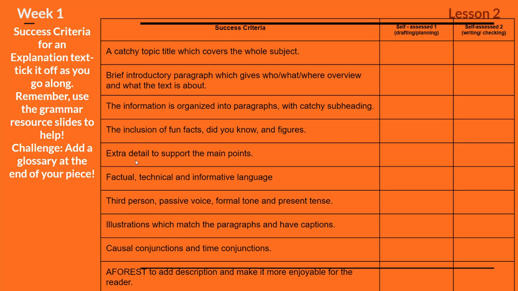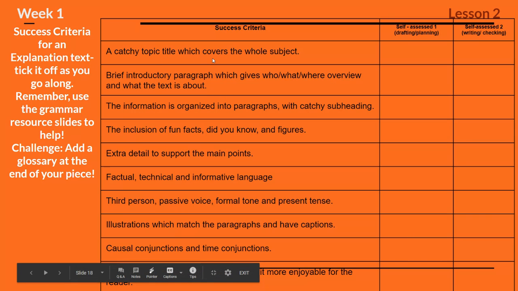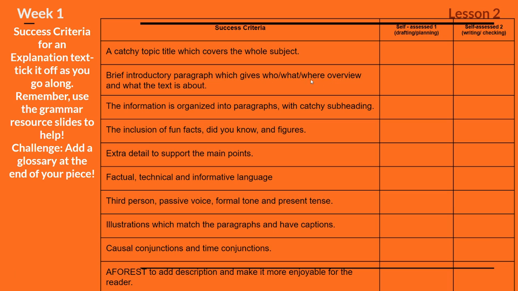It's looking for a catchy topic title. It's looking for a brief introduction, which gives a who, what, where overview and what the text is about. The information is organised into paragraphs with catchy subheadings. The inclusion of fun facts, did you know, and figures. Extra detail to support the main points.